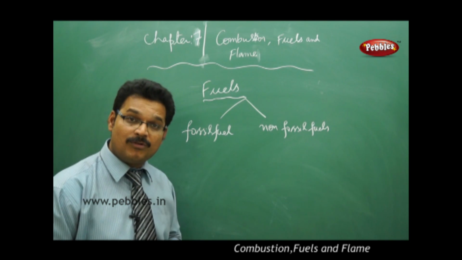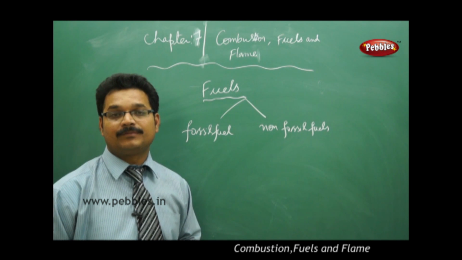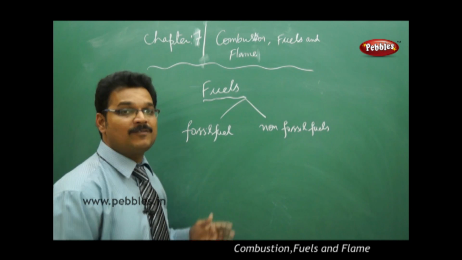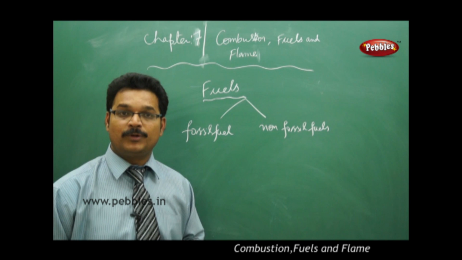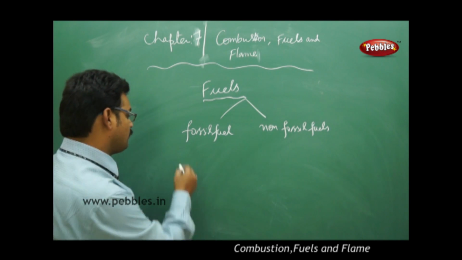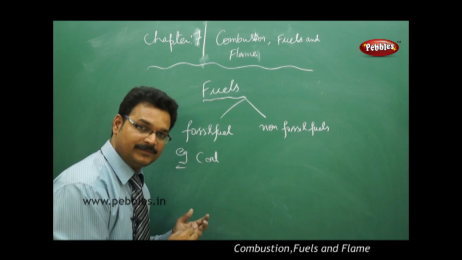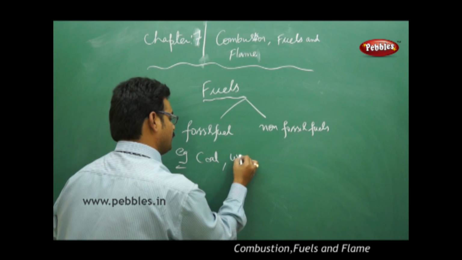the consumption is more compared to the production of the fuel, and all this fuel has to be burned to get the fire, to get the heat. So fossil fuel examples: coal should be burned, wood should be burned.